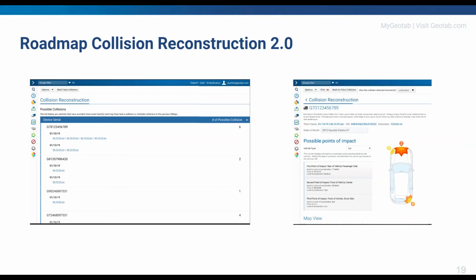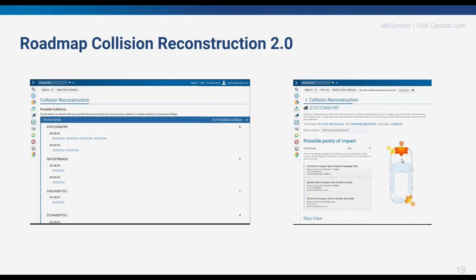So in the new version, which you will have available hopefully this summer, you will derive instantly for specific devices how many possible collisions there were on which dates, and then you can instantly go into those reports by just clicking the link. If you click the link, you will get instantly into the report, and the report will now also include multiple impacts.